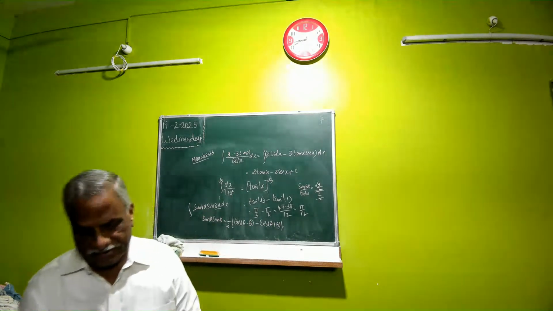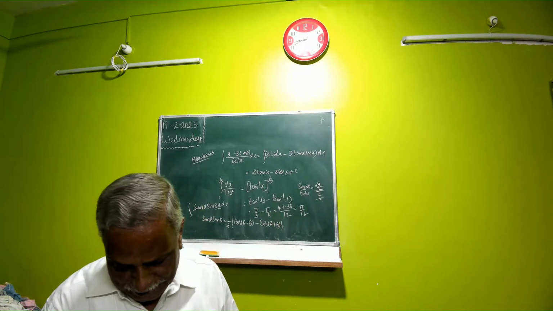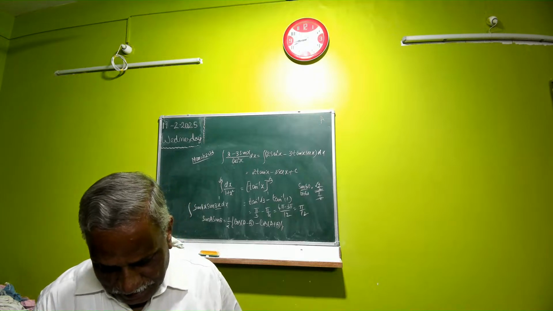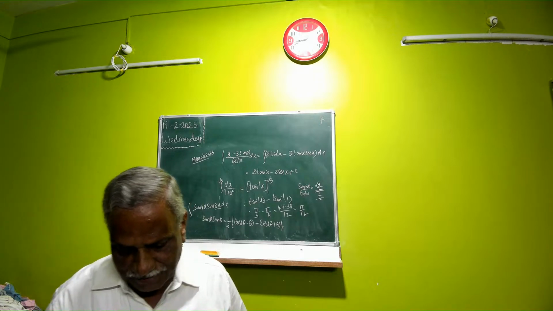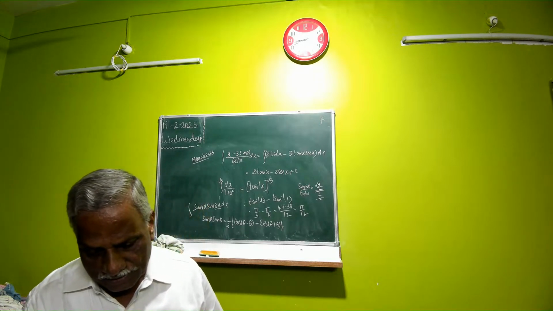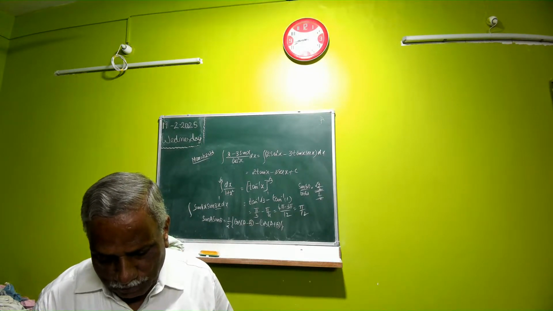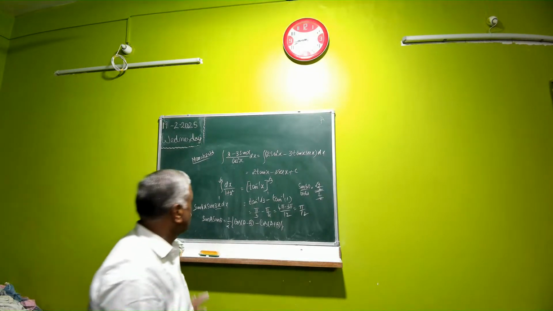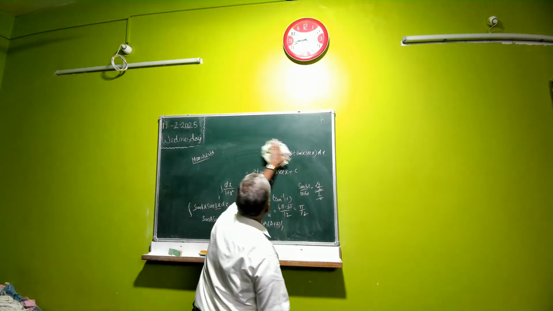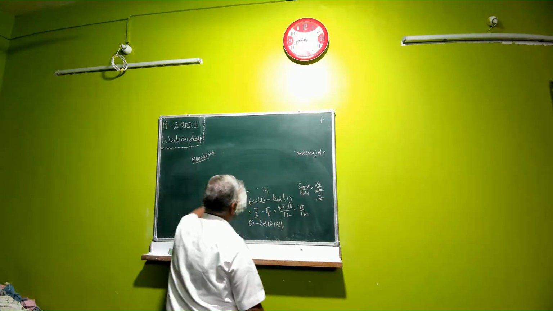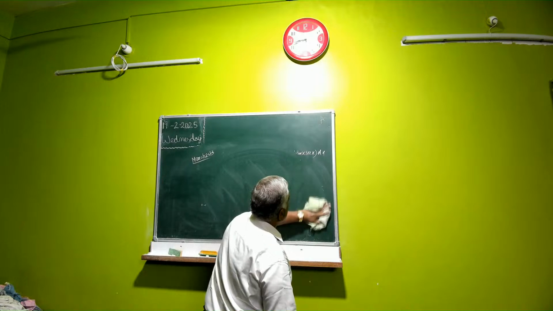You can complete that, so I will not be wasting time on that. The next problem they have asked, we have already worked it out. Another problem is 0 to pi by 4 log tan x they have asked.